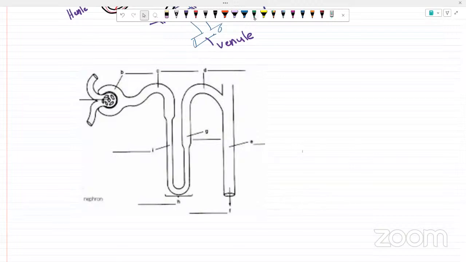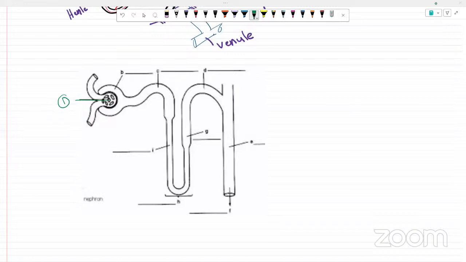So if I would like to label this part, who can tell me what is the name of that part? Yes, glomerulus. Good.